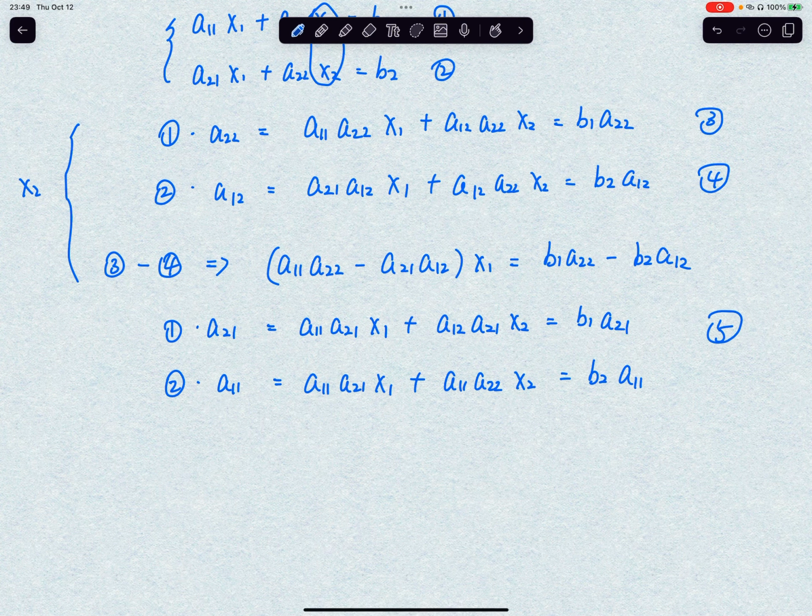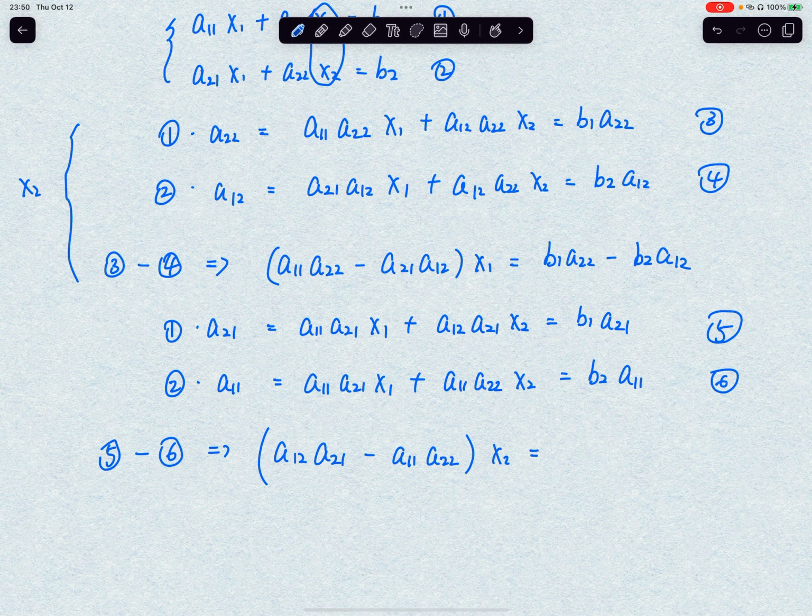And if we use 5 minus 6, so x1 cancels out, and that becomes a12 a21 minus a11 a22 times x2 equals b1 a21 minus b2 a11.